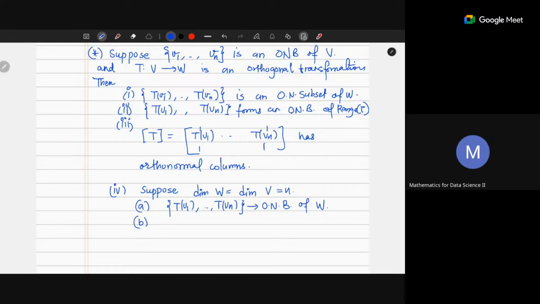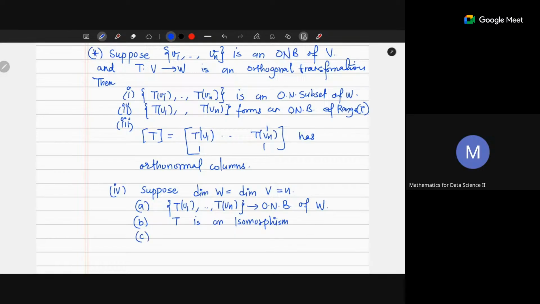Second, T is an isomorphism, which is direct because its image is a basis, so basis goes to basis, and it is an isomorphism.